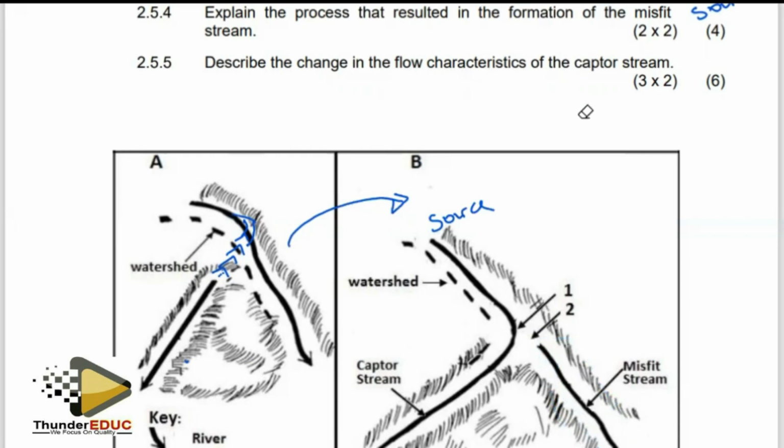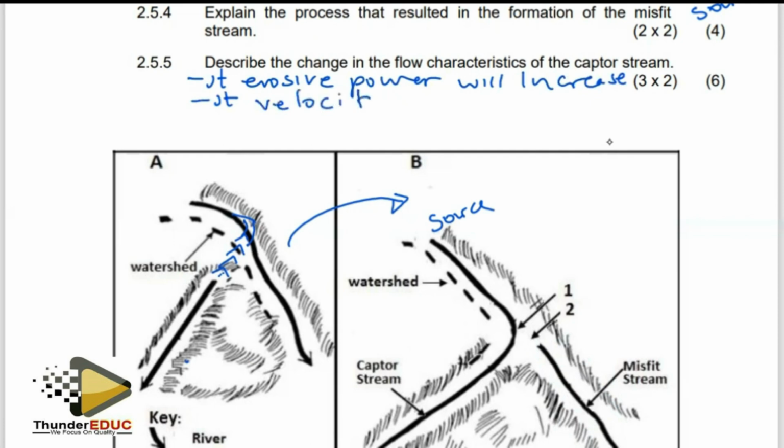All right. 2.5.5 says, describe the change in the flow characteristics of the captor stream. What will happen to the captor stream? We would say its erosive power will increase, its velocity will increase as well. It is flowing so fast.